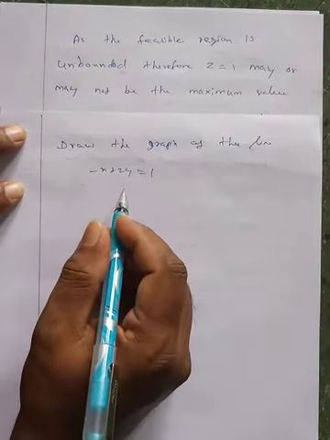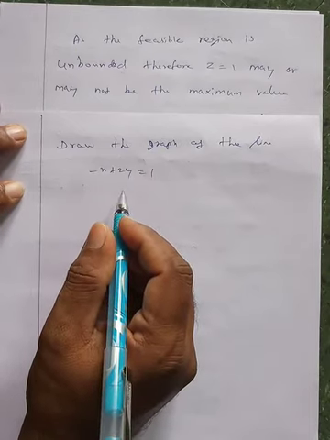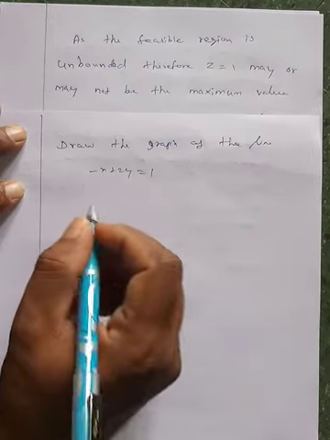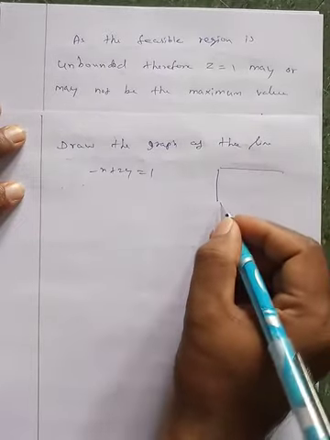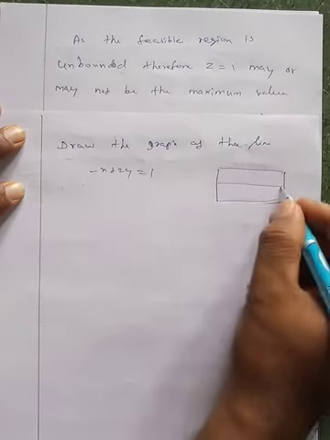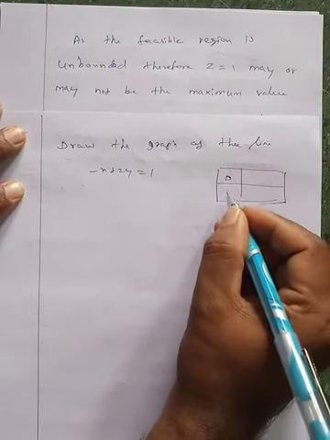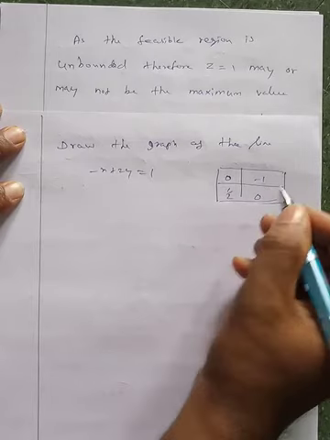Here this is an unbounded region, so to prove whether there is a maximum or minimum value, we use this concept. If x is equal to 0, y is equal to 1 by 2, and if y is equal to 0, x is equal to minus 1.